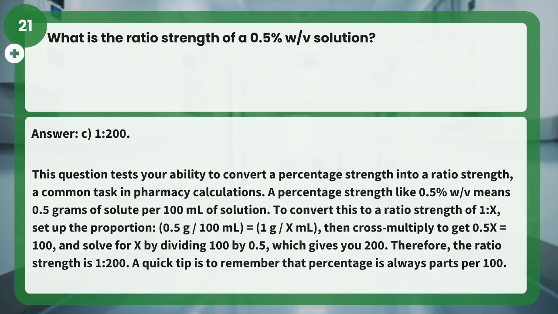To convert this to a ratio strength of 1:x, set up the proportion 0.5 g/100 milliliters equals 1 g/x ml, then cross-multiply to get 0.5x equals 100, and solve for x by dividing 100 by 0.5, which gives you 200. Therefore, the ratio strength is 1 to 200. A quick tip is to remember that percentage is always parts per 100.